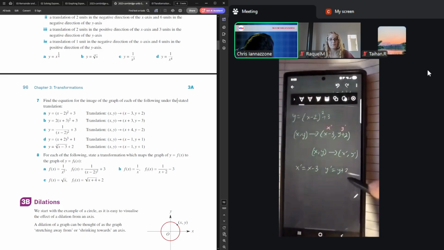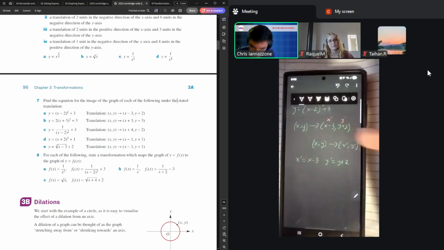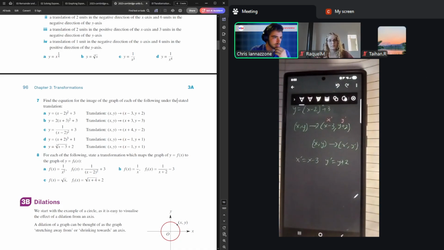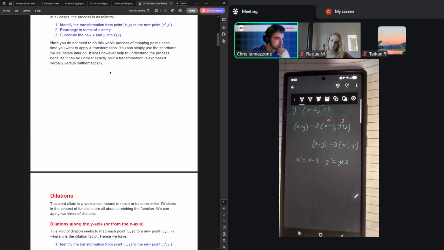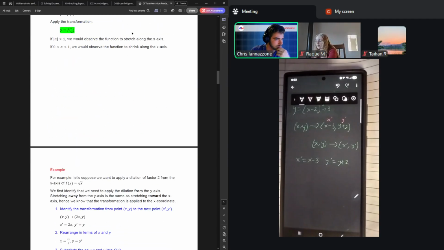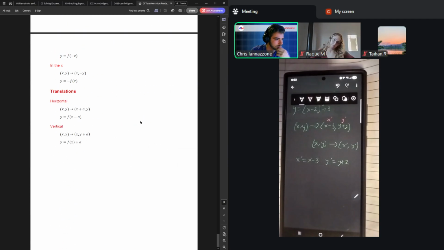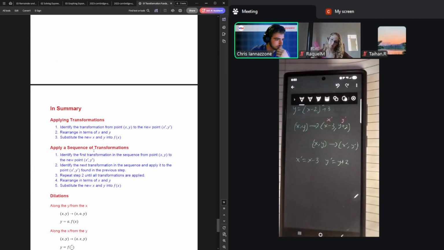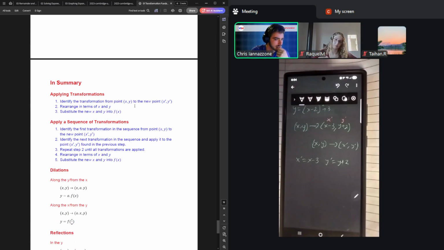Hopefully that should help kickstart. Because that'll put you specifically on, if we look at document 1, yeah, I mean that gets you step 1, which is getting your x and y dash equations.